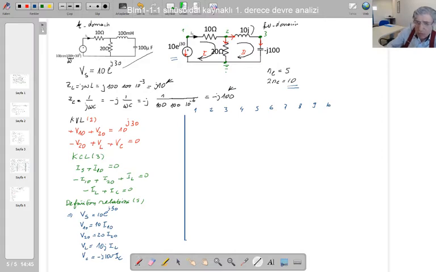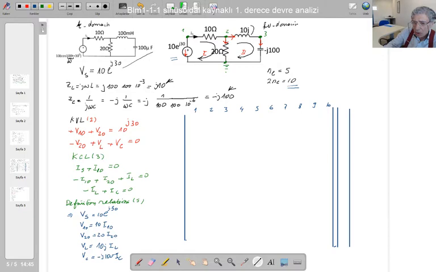So for this matrix here, and these are the unknowns column matrix, and it is equal to the known column matrix.